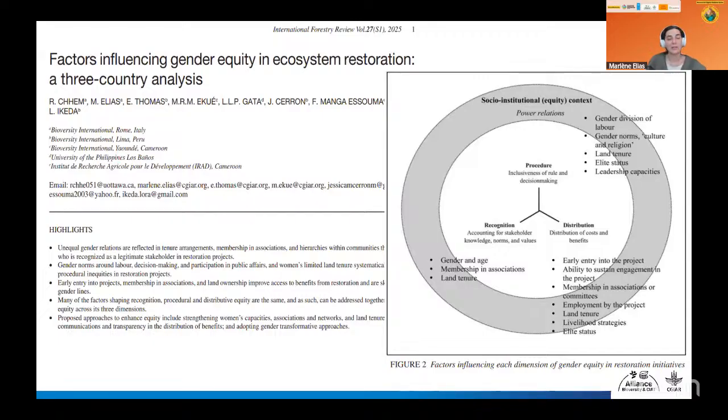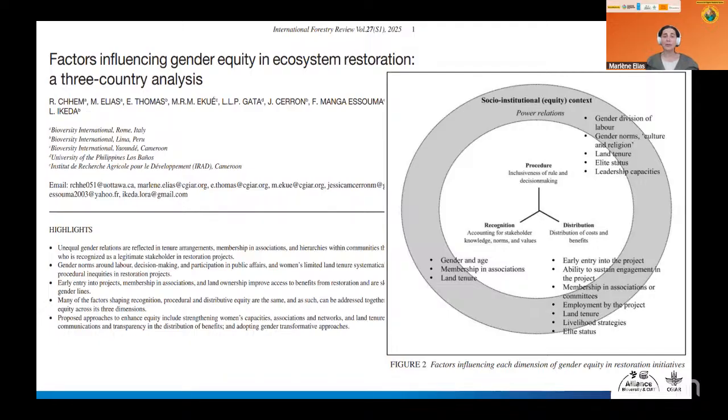So we organized our analysis around a social justice framework to understand to what extent women were recognized as legitimate stakeholders in restoration projects, whether they had equal voice and were able to participate actively in projects and their important decisions, and whether the costs and the benefits of the projects were equitably distributed among women and men in participating communities.